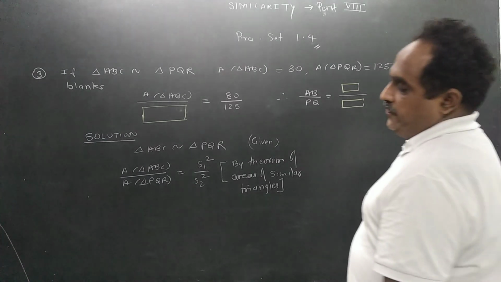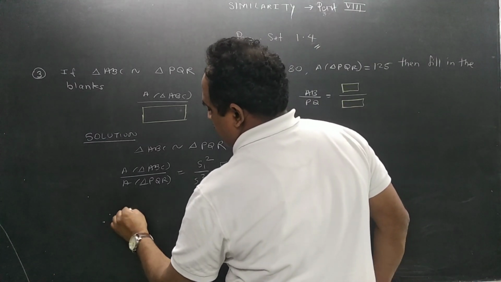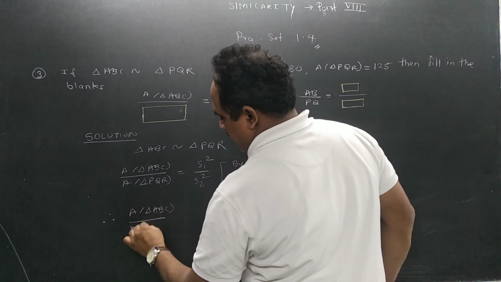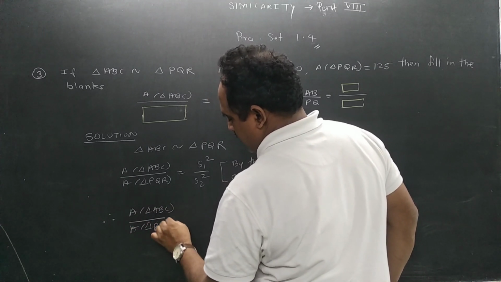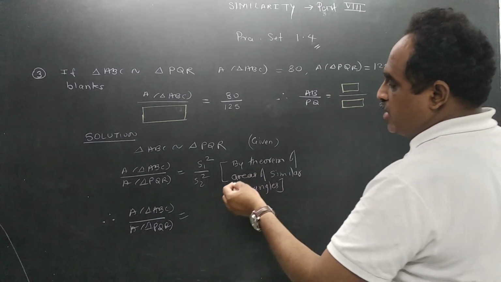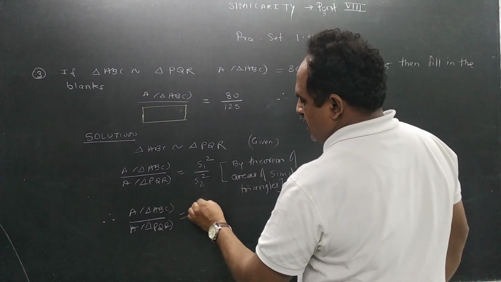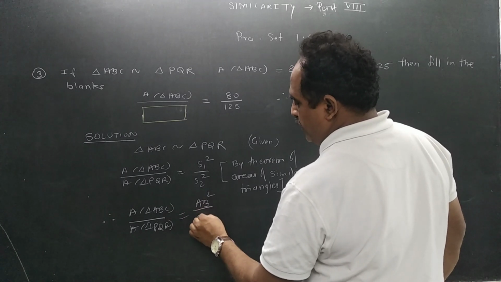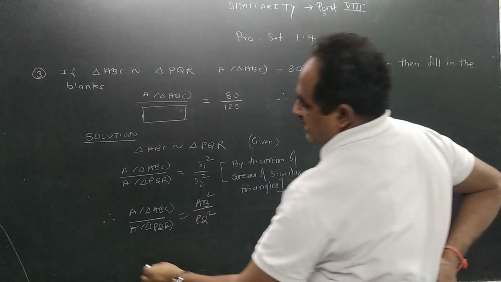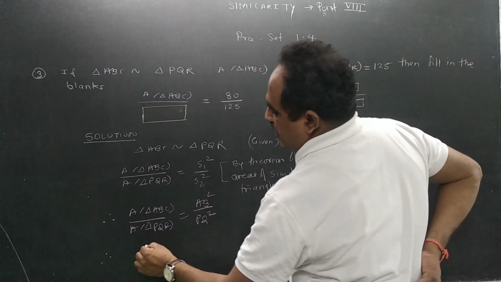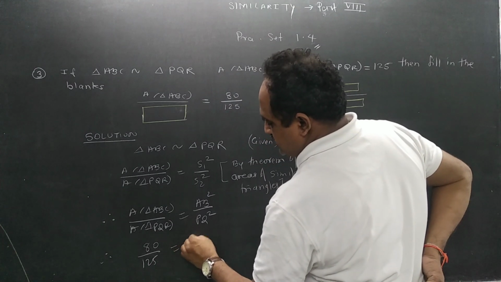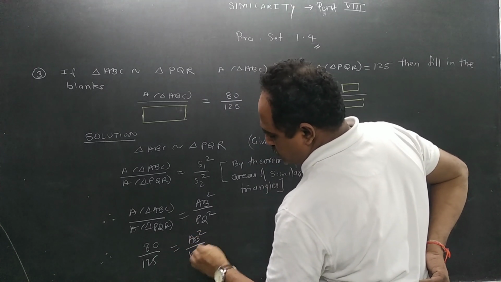Now, therefore what can I write? Area of triangle ABC upon area of triangle PQR. And they ask AB upon PQ, which means you are going to take the corresponding sides only. That is AB square upon PQ square. Now, area of triangle ABC upon area of triangle PQR, they have given 80 upon 125, is AB square upon PQ square.